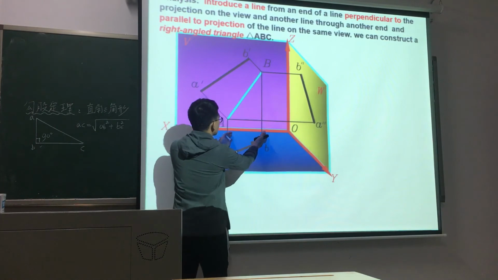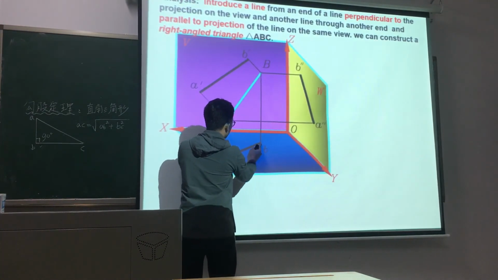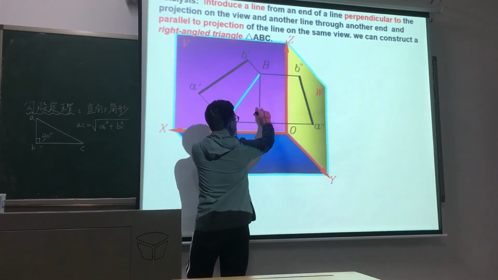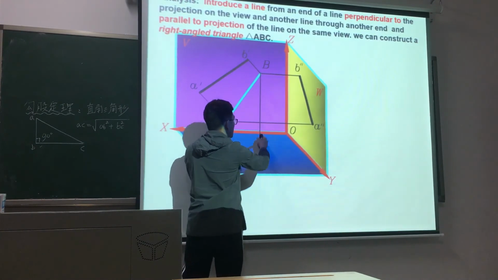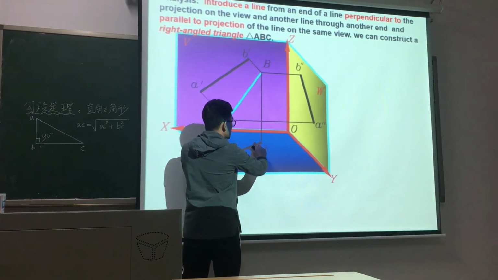You know this view projection and this line. If you move this line here to here, this angle is 90 degrees, because the projection is perpendicular to this line.